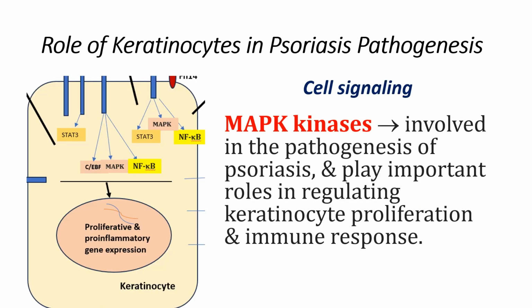Mitogen-activated protein kinases are involved in the pathogenesis of psoriasis and play important roles in regulating keratinocyte proliferation and immune responses. As regards the JAK-STAT pathway and details about Janus kinase and Janus kinase inhibitors, I already have discussed it in other videos, so you can return back to these videos if you want detailed information.